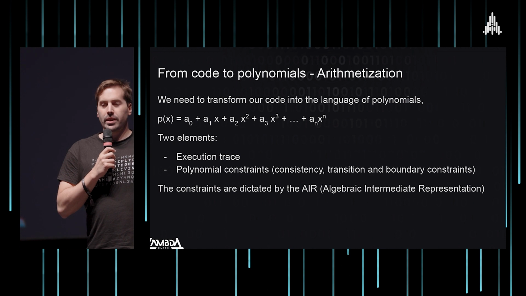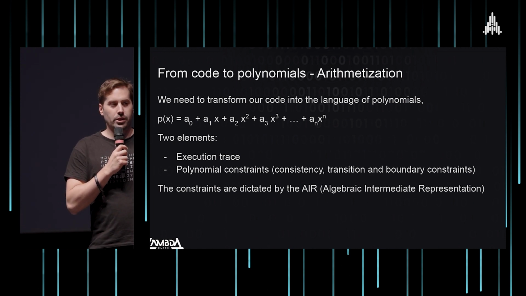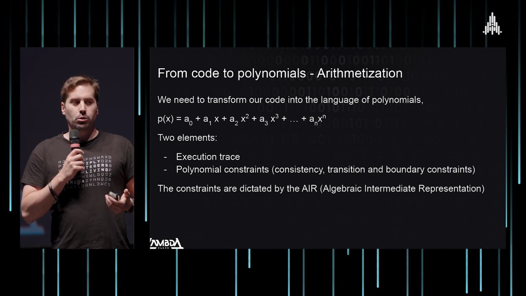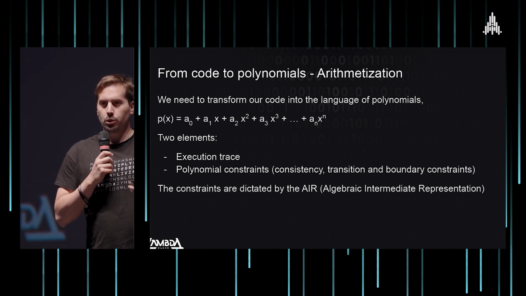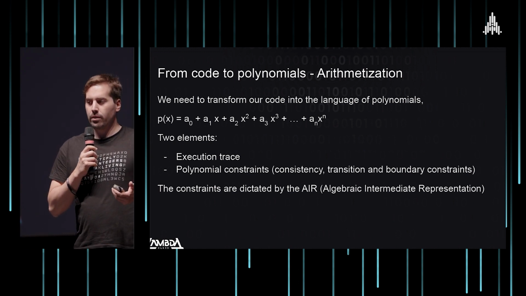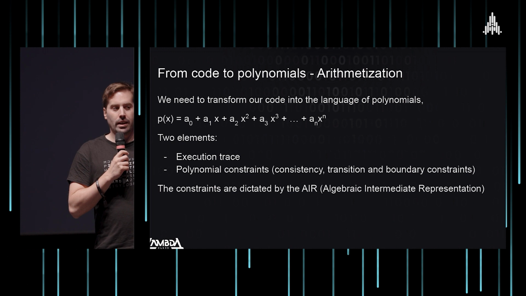So the first step is what we call the arithmetization. To prove the program, we need to transform our code into a set of polynomials. And we have 2 main elements.